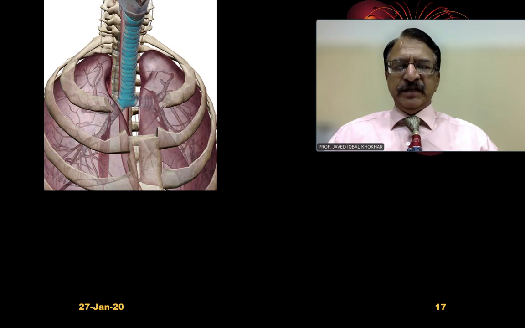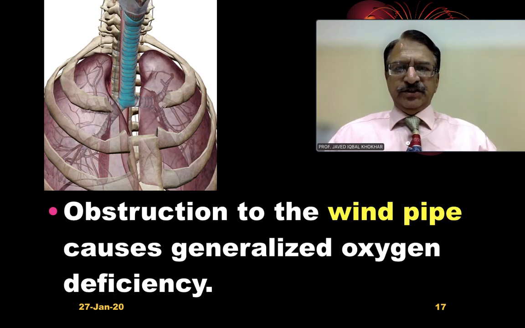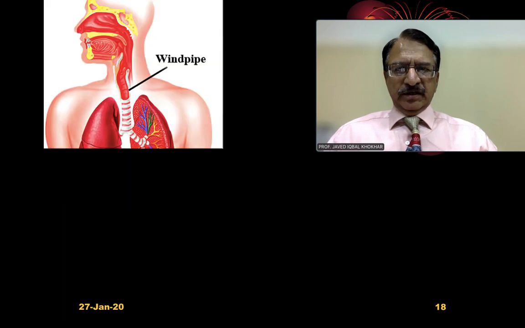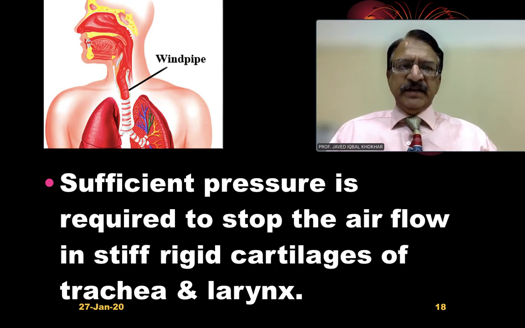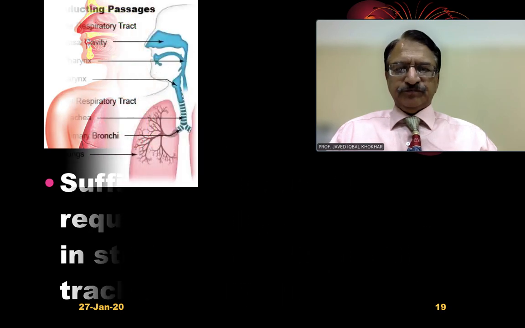And this is the windpipe showing the trachea, and obstruction to the windpipe causes generalized oxygen deficiency. To produce this compression, sufficient pressure is required, because the trachea is a rigid structure made of cartilage, and to occlude it needs much higher pressure.